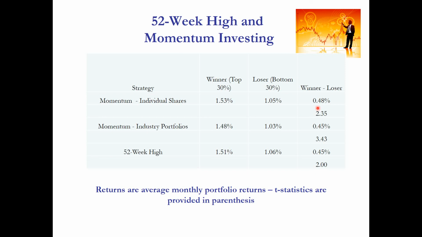This is statistically significant if you look at the t-statistic, and you can see that these returns tend to be quite similar to returns on individual cross-sectional momentum that we looked at before, and also the momentum industry portfolios. So this is the 52-week high. This is individual momentum portfolios that we discussed earlier, and also the momentum from industry portfolios.